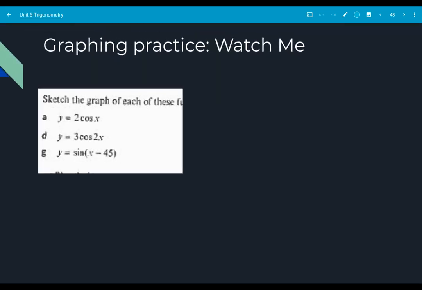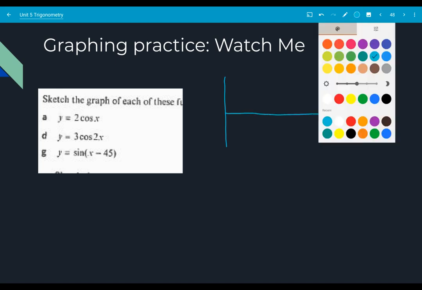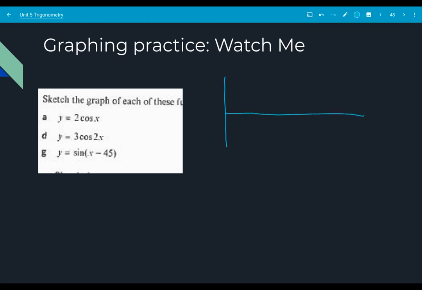So let's look at these. I'm going to start with what cosine looks like. Cosine starts at 1, at 0. So let's call this 1, 2, 3, 4.